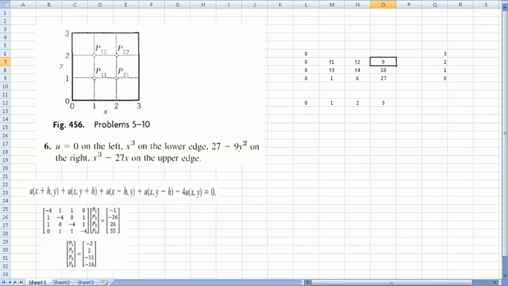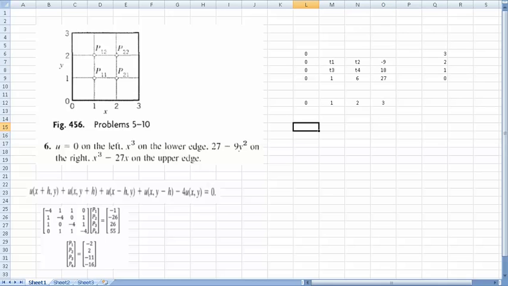Oops, let's be more careful about this. So 27 minus 0 is 27. 27 minus 9 times 1 squared is 27 minus 9, that's 18. 27 minus 9 times 2 squared, 27 minus 36 is going to be a minus 9.